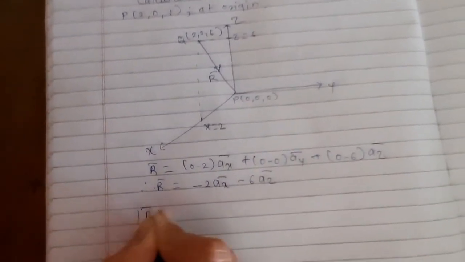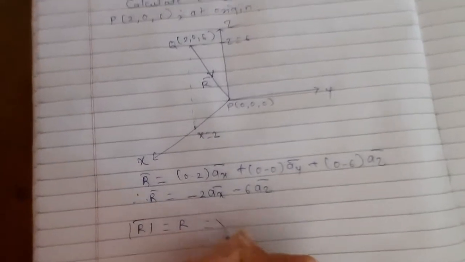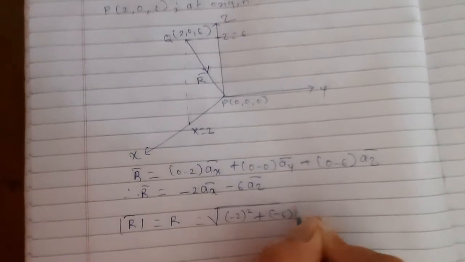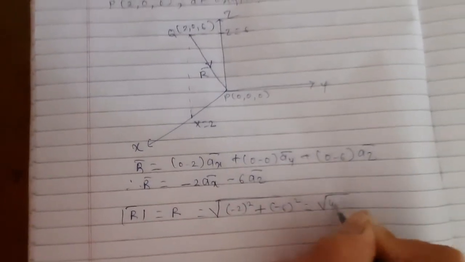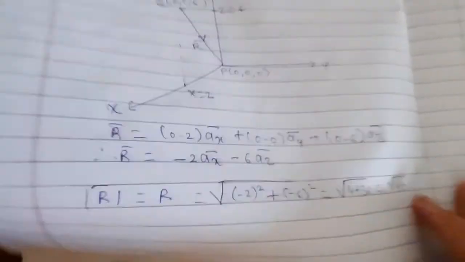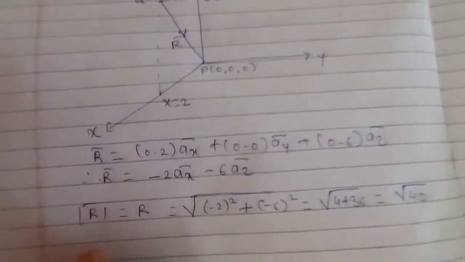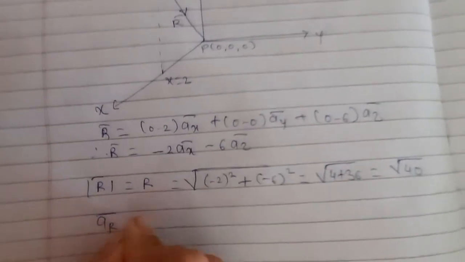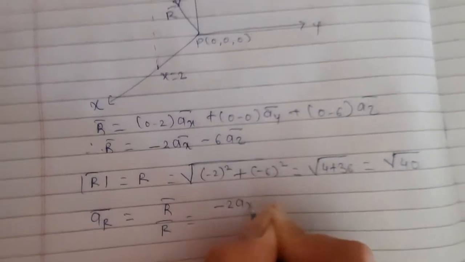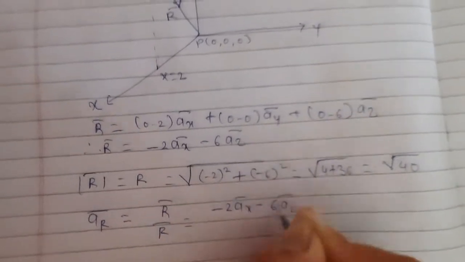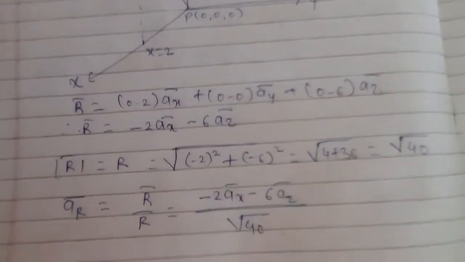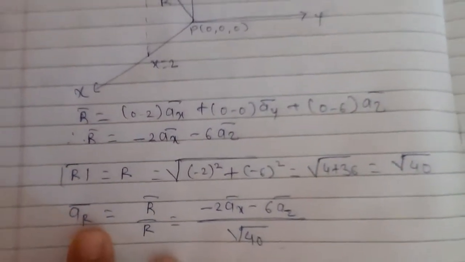Now we calculate the mod of this, that is minus 2 square plus minus 6 square, so it is 4 plus 36, that is square root of 40. So we can write the unit vector ar bar is equal to minus 2 ax bar minus 6 az bar divided by square root of 40.